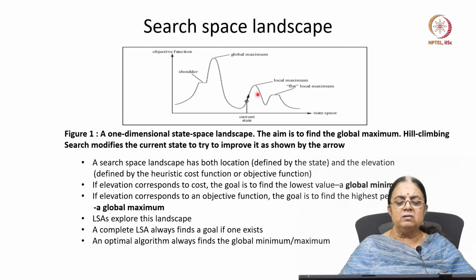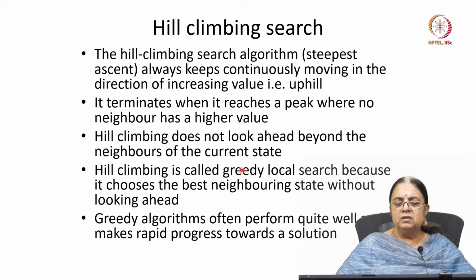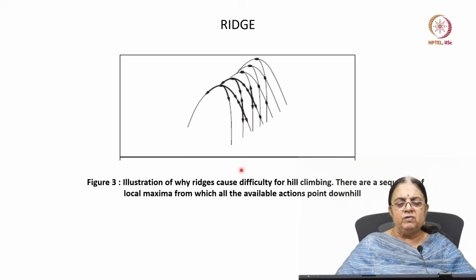And then when you come to some place like this, this is a flat region, or a plateau. In the plateau you find that the objective function value doesn't change much, right? Here again you have another flat region. So in these regions you may have problems.